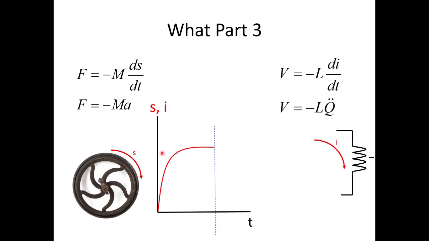Okay, and the third case is once you get this wheel up to speed and you get the current through the inductor, if you try to stop this instantly using your arm, you could possibly break your arm. That's how much inertial force is there, or inertial energy. Same with the inductor.